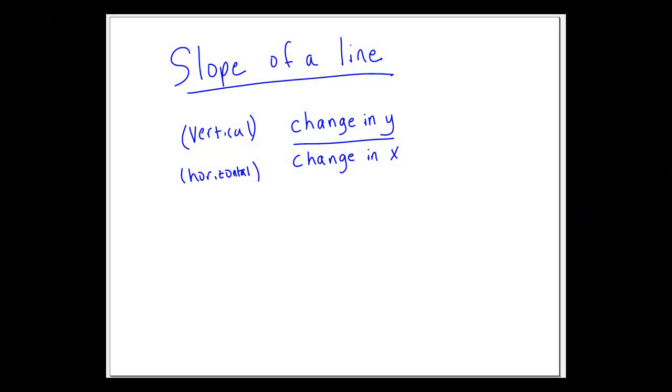All right, today we're talking about slope of a line, which is the vertical change divided by the horizontal change of a graph. It's the change in y over the change in x. Slope is represented by the letter m, so the formula for slope is the change in y's, which is y sub 2 minus y sub 1, divided by the change in x, which is x sub 2 minus x sub 1.